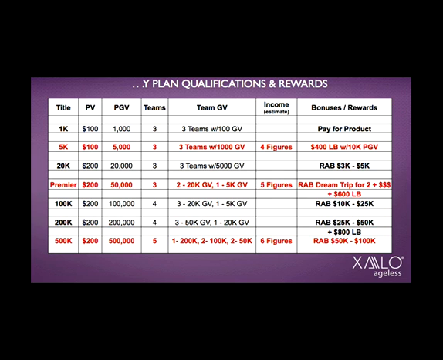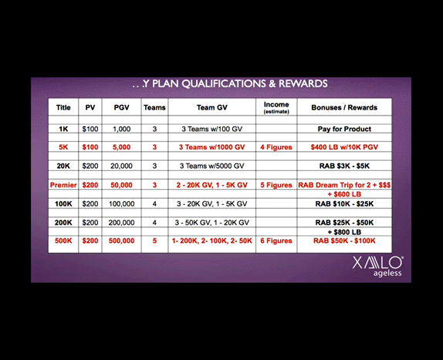I haven't looked at all the prices of all the vehicles to see what an $800 payment would get, but you can drive your dreams with an $800 monthly payment. Amazing. The 500K position, this position has a 6-figure average income, and you can do that by building just 5 teams. You've got 500,000 in volume on your team. You've got 1 team that does a couple 100,000 in volume, a couple teams with 100,000 in volume, a couple teams at 50,000 in volume.